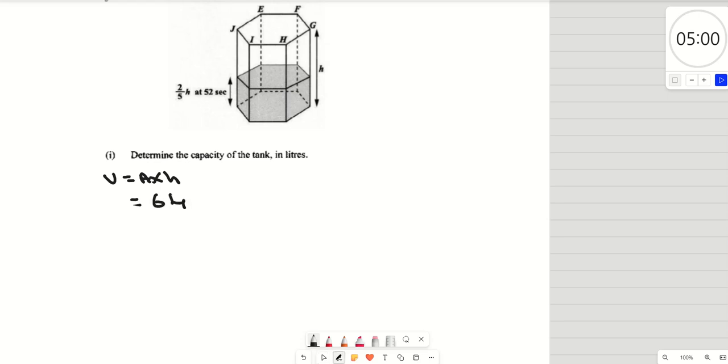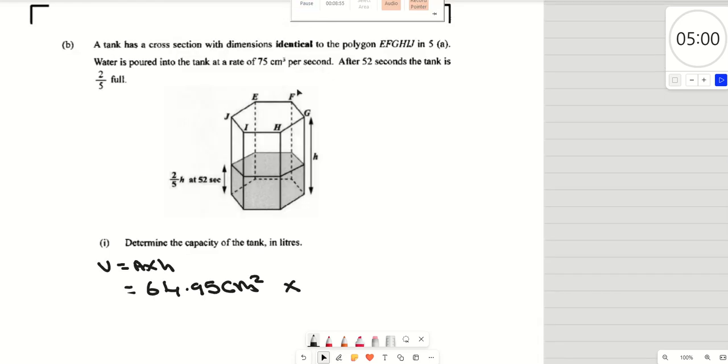It'll be 64.95 centimeters squared, multiplied by a height. Hold on, we'll need to find out the height because we don't know the height, right? In volume. But we can use this.